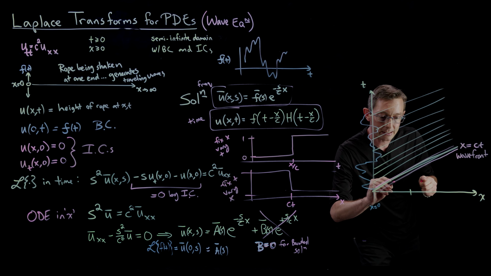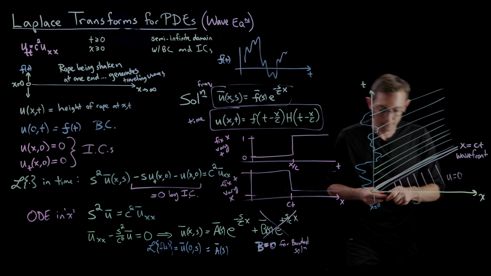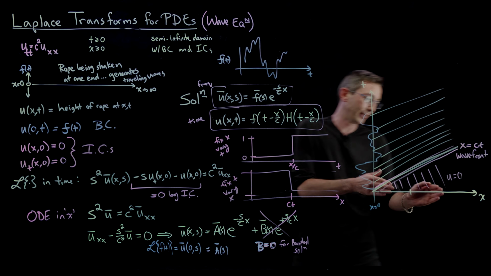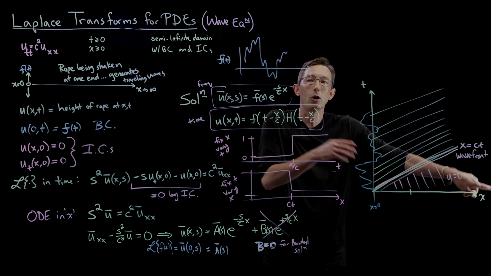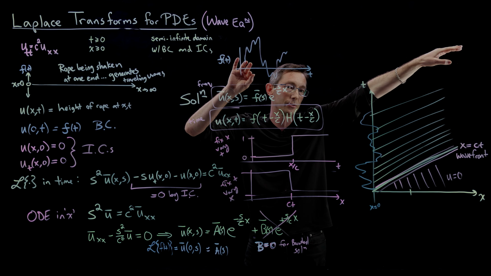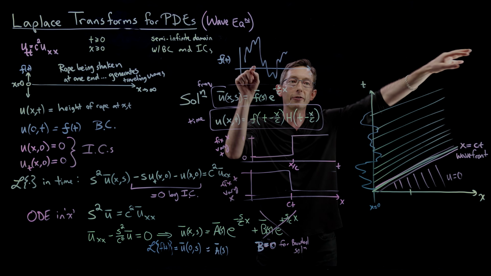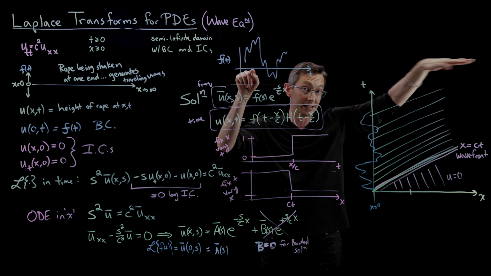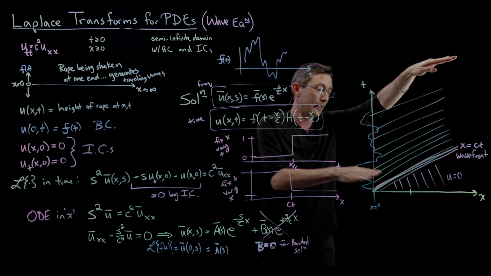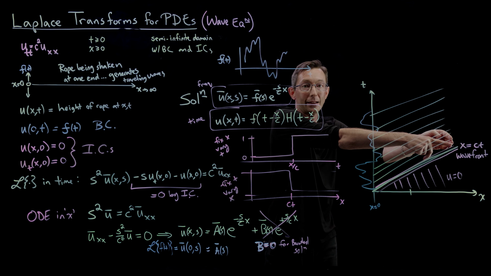And below this here, u equals 0, because no information, so at a really far downstream location x, 10, 20 meters downstream, for short times, no information is propagated there, so it's still equal to 0 until enough time has passed that this initial wave front can reach that location.